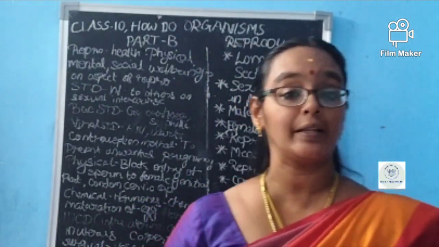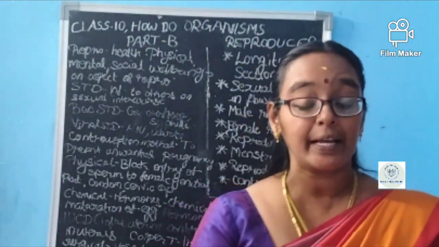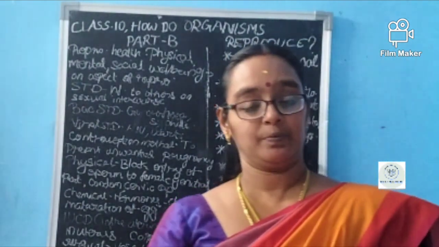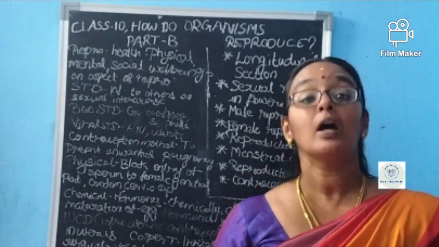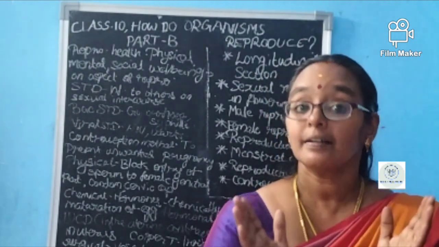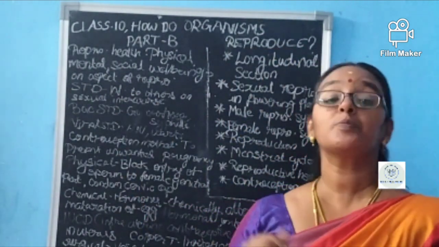What is reproductive health? It is a state of physical, mental and social well-being in all aspects of reproduction. Actually, there are many diseases which are transmitted while a person is in sexual intercourse with an infected person. That is called sexually transmitted disease.